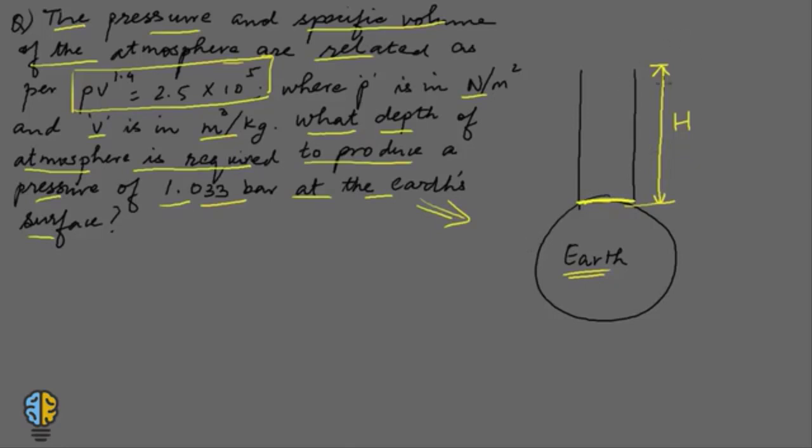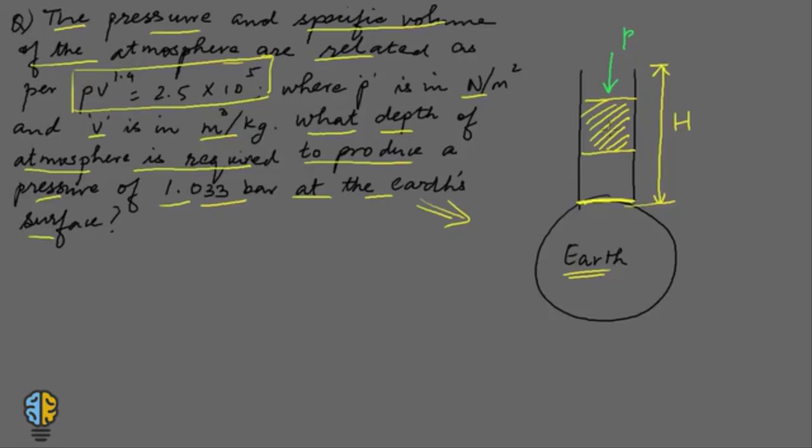Now let us assume a small height, and that is an elemental height. This is the elemental height. Alright, now the top pressure is, let us say, P, which is acting on this.